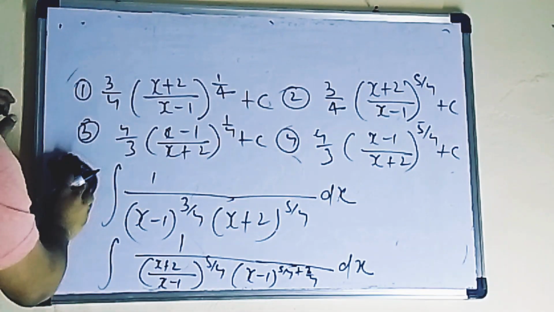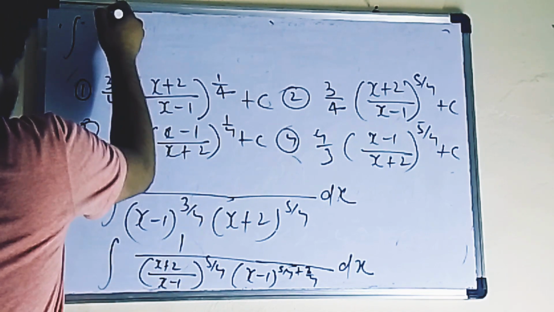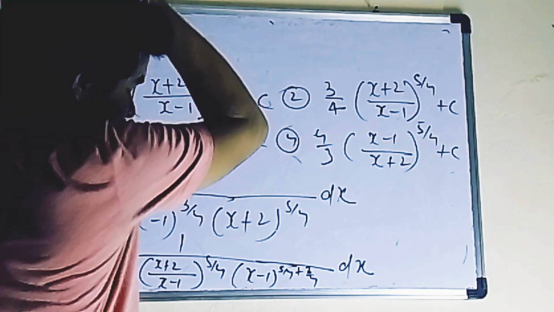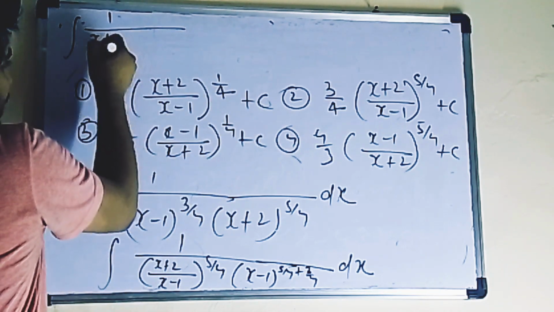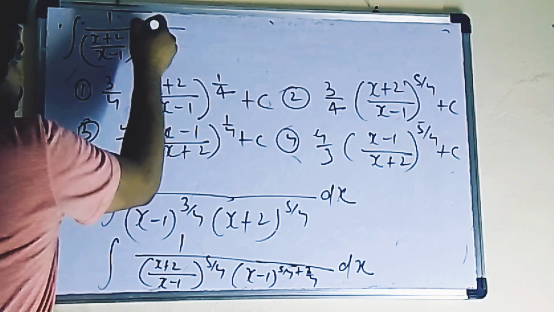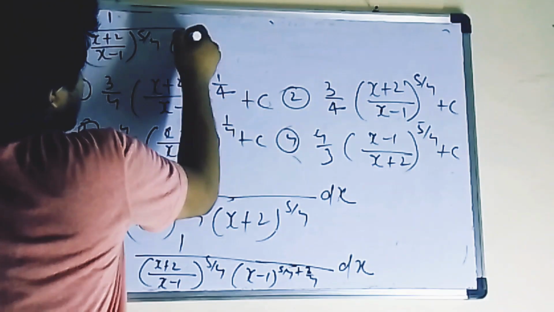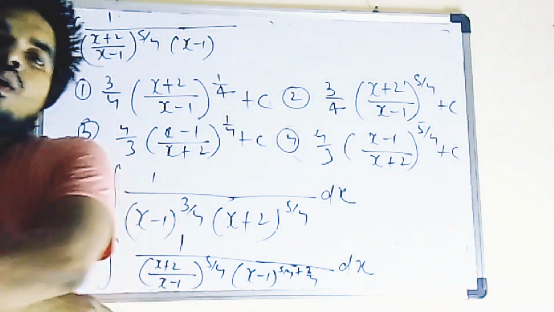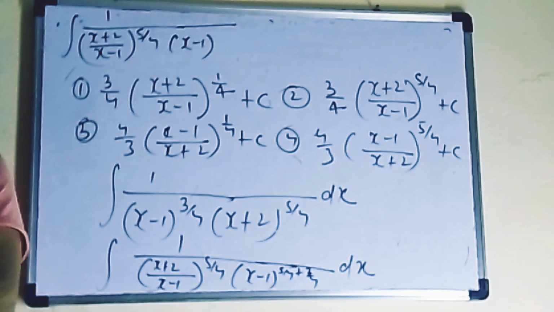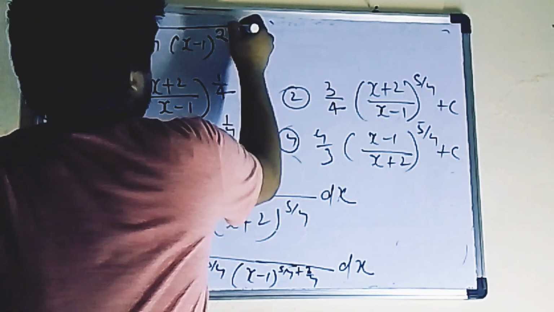Clear? So see what I do here: integration of 1 divided by, obviously, (x plus 2) divided by (x minus 1) to the 5 by 4. If we add this one, 5 by 4 plus 3 by 4, 5 plus 3 is 8 by 4, which means 2 squared, and this is dx.